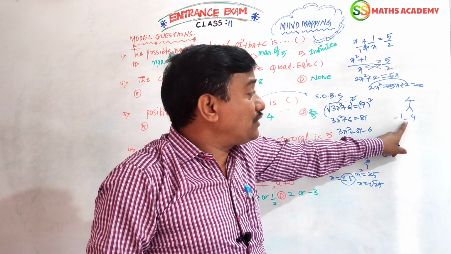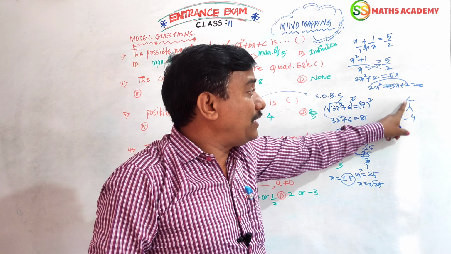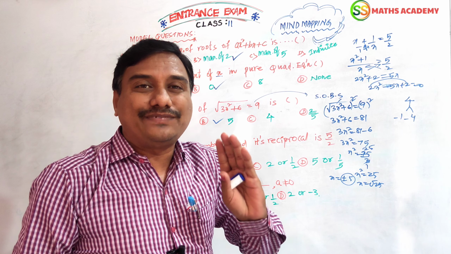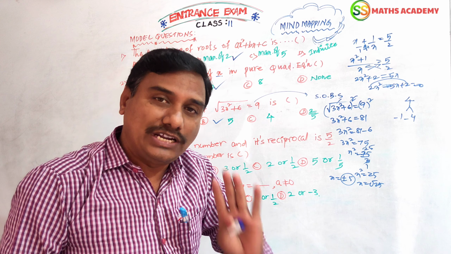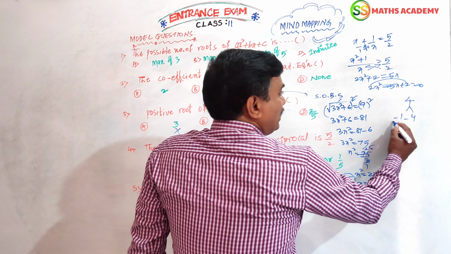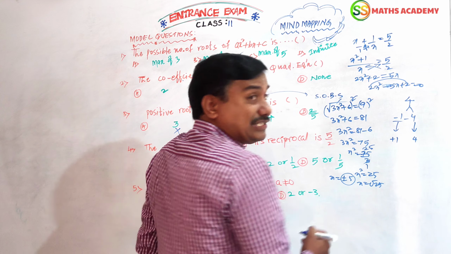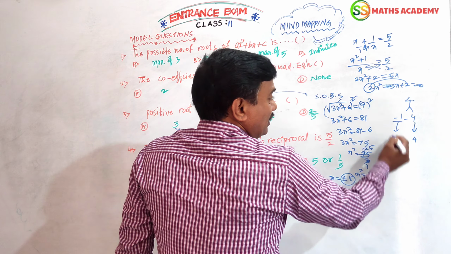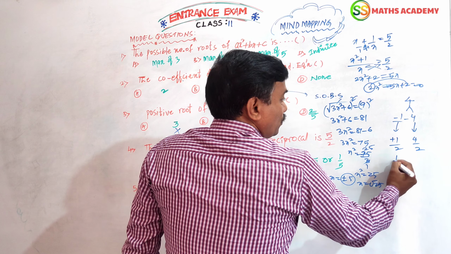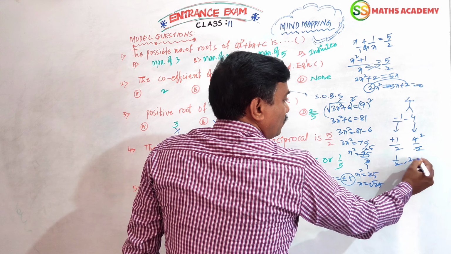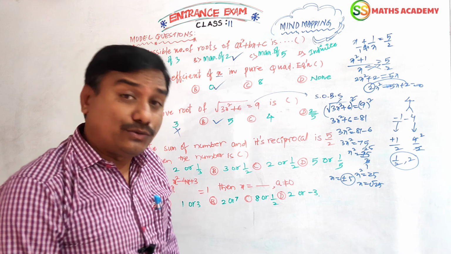So minus 1 minus 4 is minus 5, and minus into minus is plus, 1 times 4 is 4. So the suitable factors are minus 1 and minus 4 only. Now minus 1 comes outside as plus 1, minus 4 comes outside as plus 4. Now the coefficient comes down: 1 by 2, comma 2.